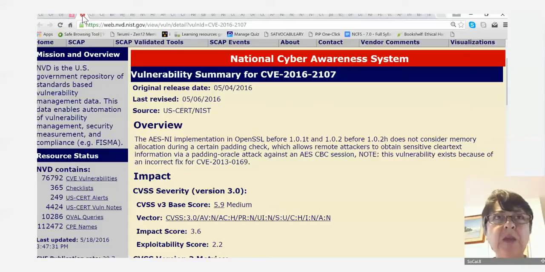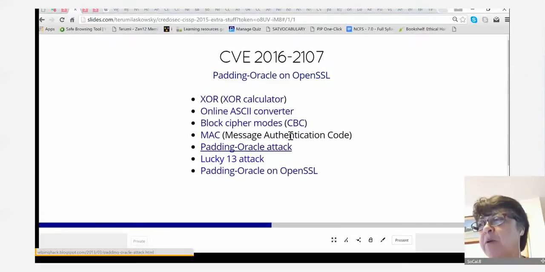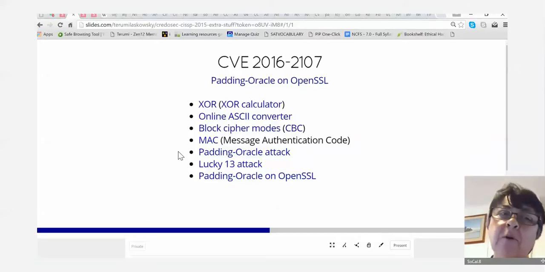So the patch introduced another vulnerability, and the funny thing is that the original vulnerability they fixed, 2013-0169, is called the Lucky 13 attack, and that was much harder to actually exploit than the current padding oracle OpenSSL attack. I have the Lucky 13 attack and the padding oracle attack, and probably all the information you need to decipher what's happening here.